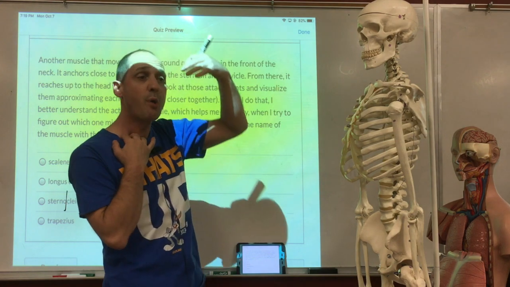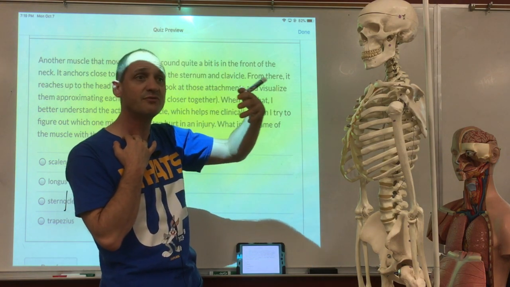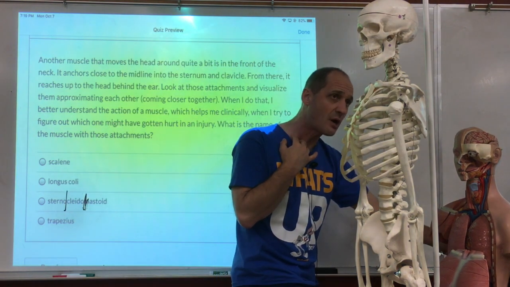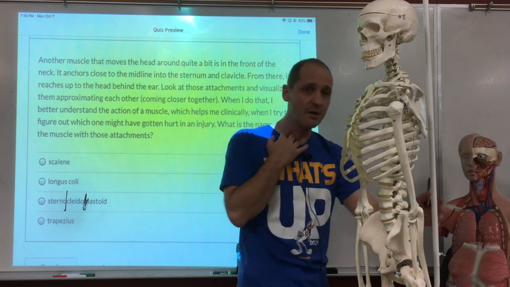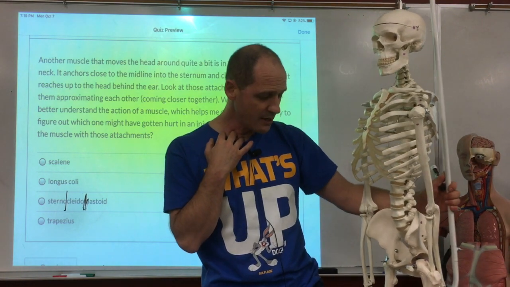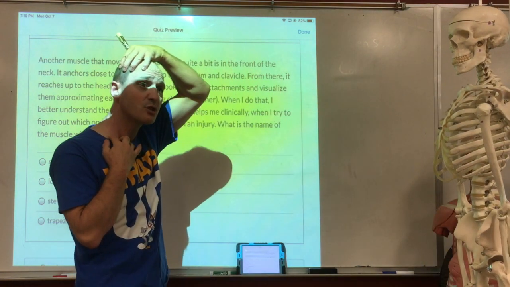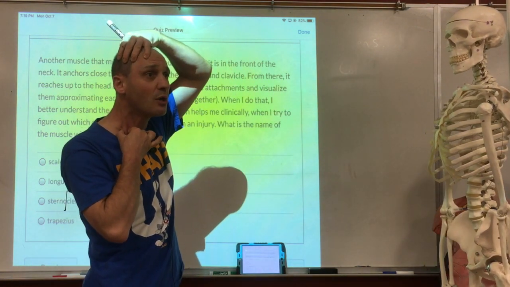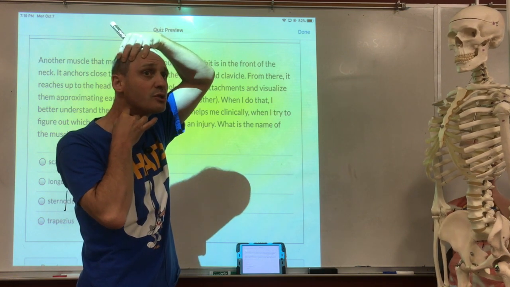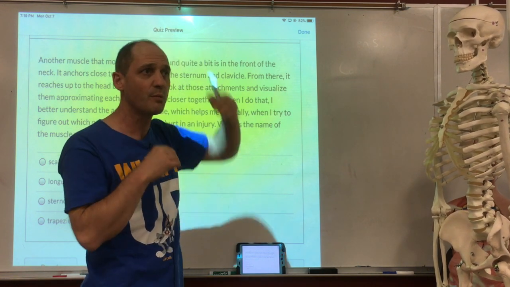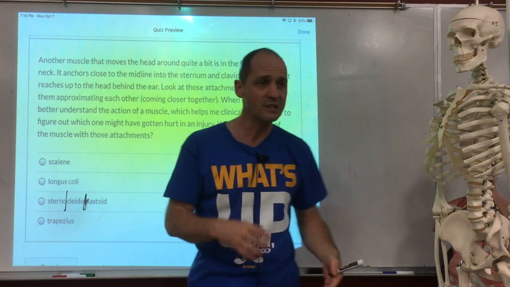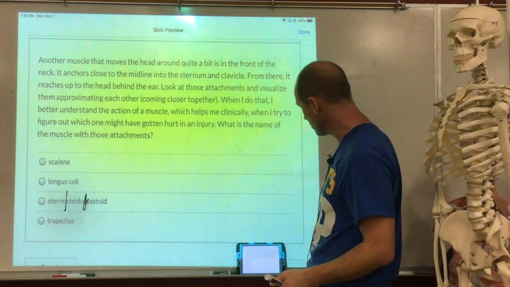So when you oppose a muscle's action, the muscle contracts, and you can sort of isometrically contract the muscle, and then feel the muscle's attachments very often. You can't do it everywhere, but you can do that in a number of places to sort of figure out what that muscle is doing.